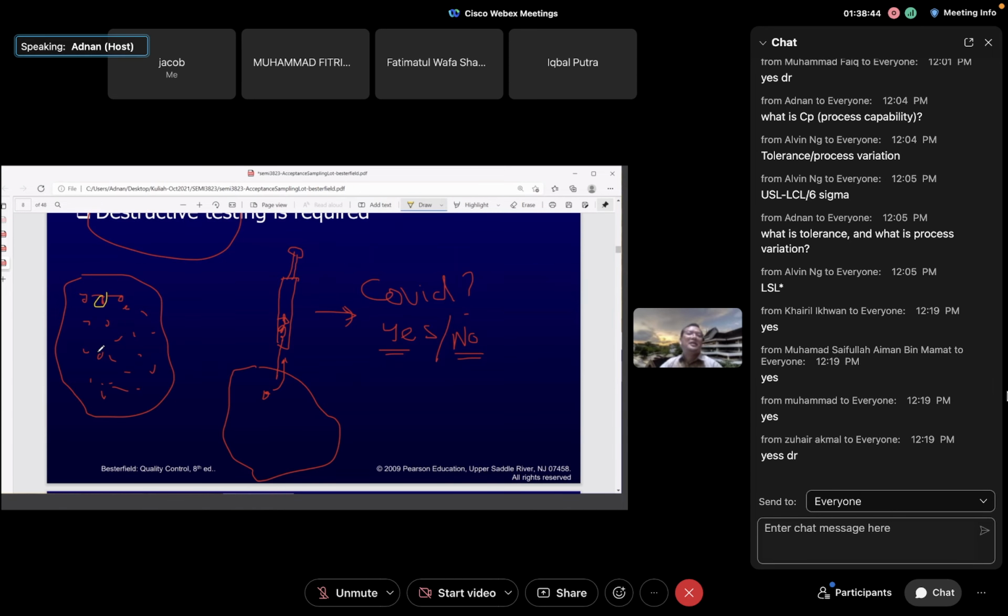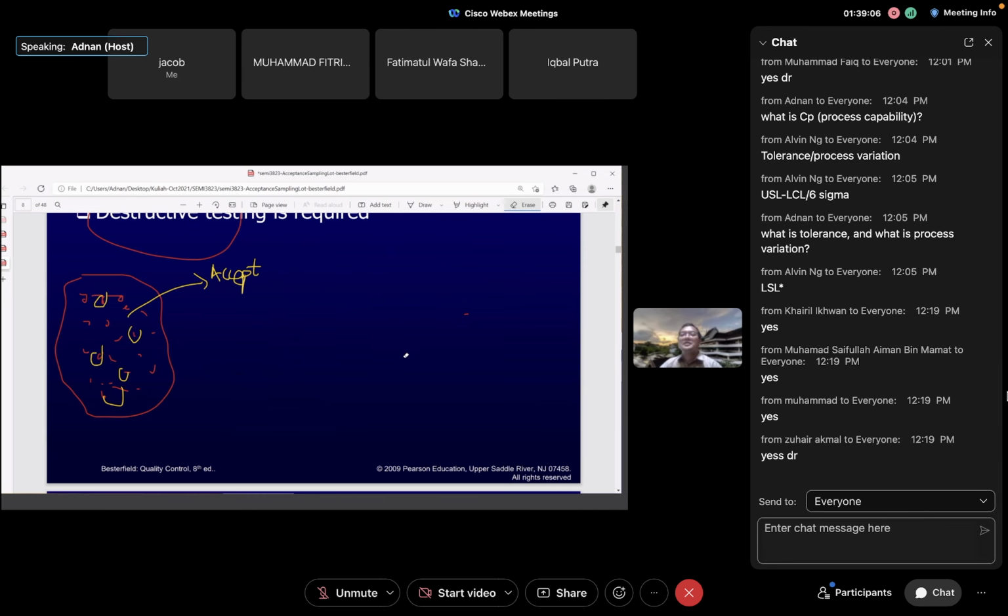You take a sample here, sample there, sample there, and you decide, accept or reject, based on the sample. Same analogy: we don't test 100% of the blood in the whole body, but we take only a few drops. Same also in production. You take a sample and you decide.